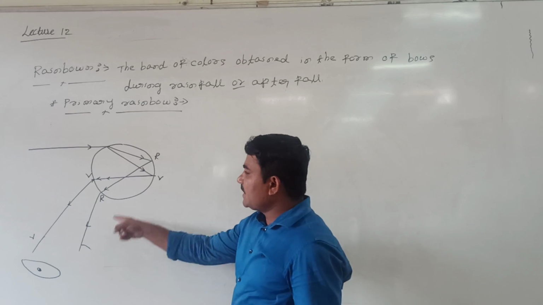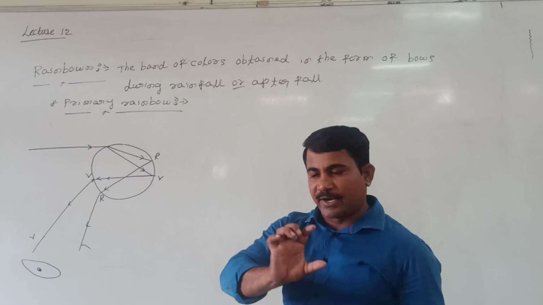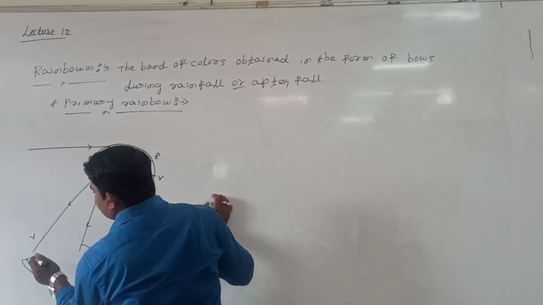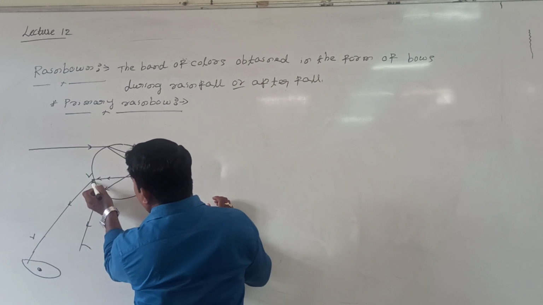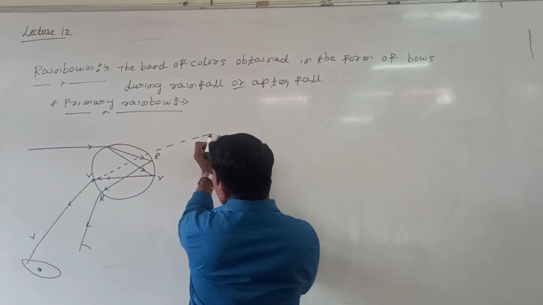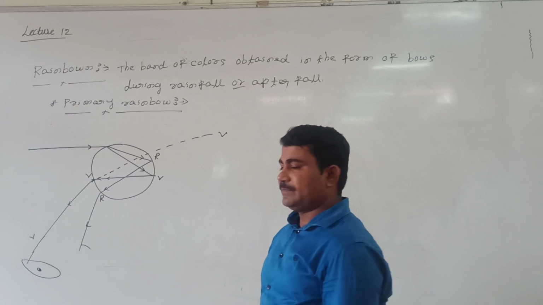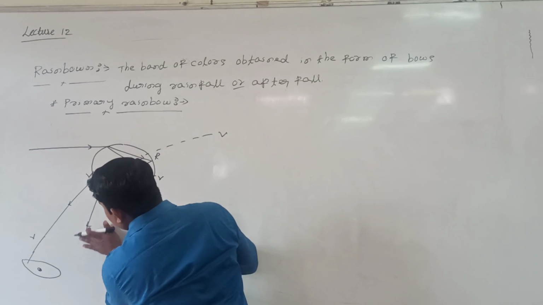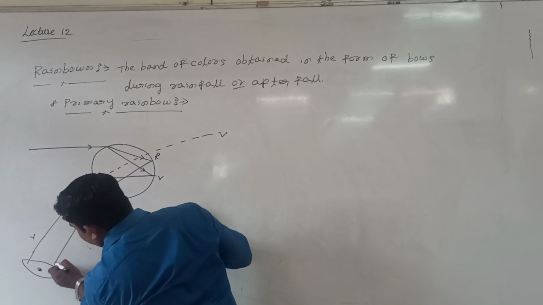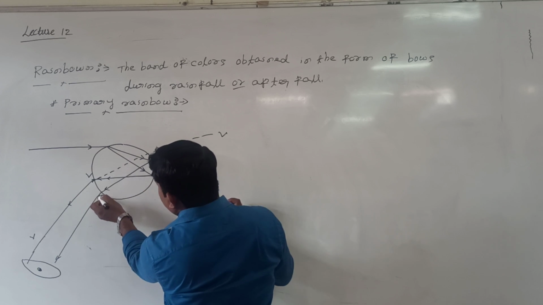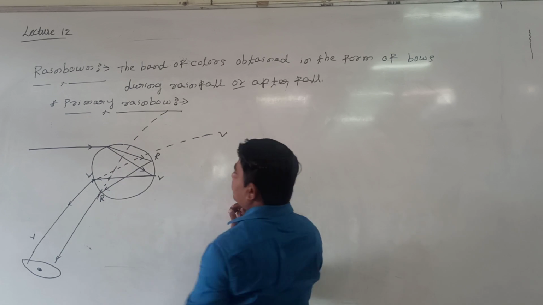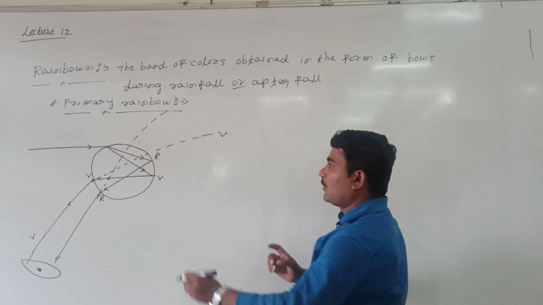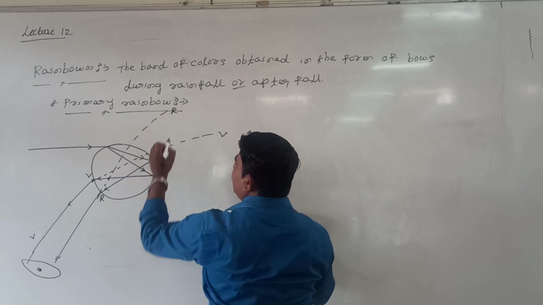When the observer sees this refracted ray, how does it meet? It meets like this. So this is nothing but violet light. Similarly, when this refracted ray is seen by this observer, this is the red light. How does it come? It must come like this. So this we call red light.